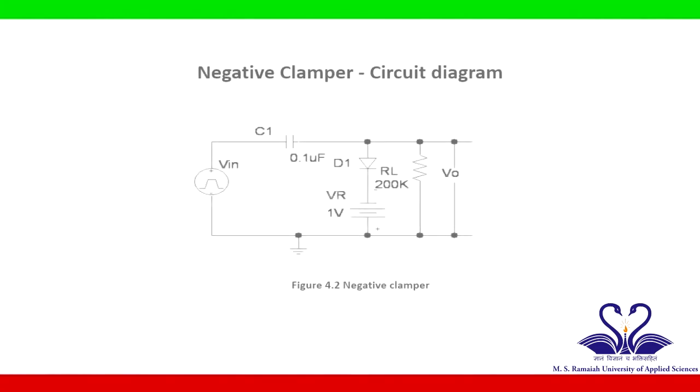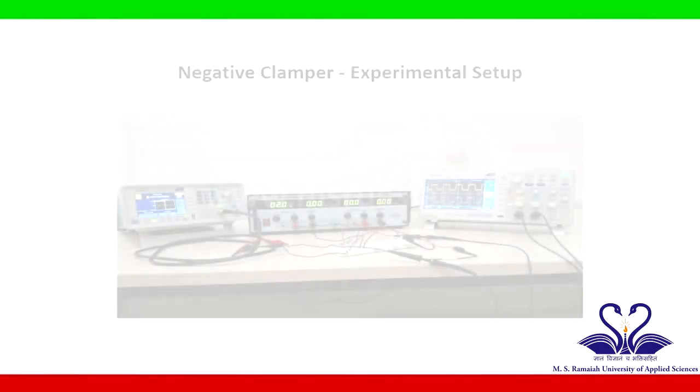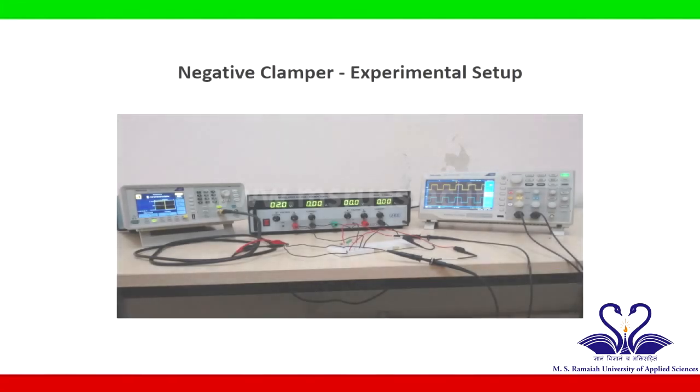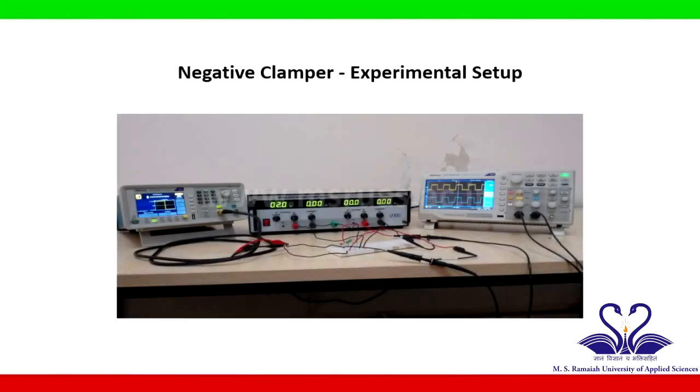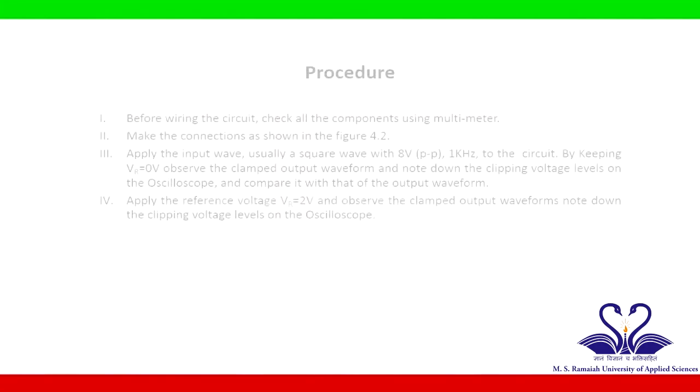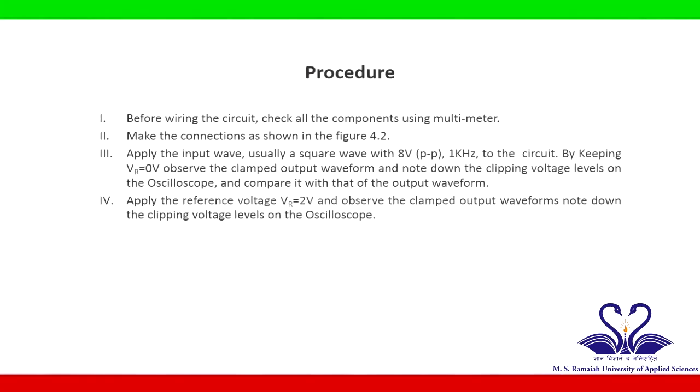Figure shows the circuit diagram for negative clamper. Construct the given circuit diagram for negative clamper on breadboard. Oscilloscope and function generator are connected to the breadboard using probes. Set an input signal in the square waveform of 1 kHz frequency and 8 volt peak-to-peak amplitude in the function generator.